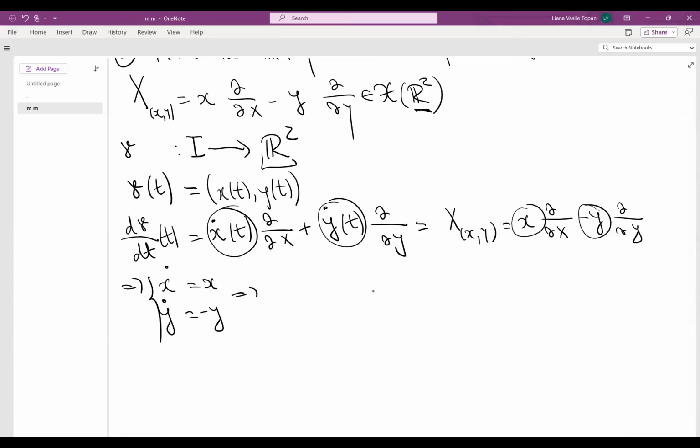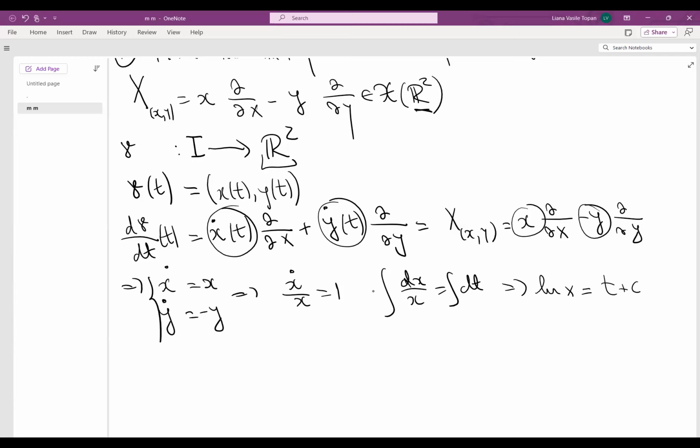So we have x dot over x equals 1, so you integrate: the integral of dx over x is the integral of 1 dt. So we have the logarithm of x equals, well, there's an absolute value, I'm going to ignore all these details, t plus a constant.